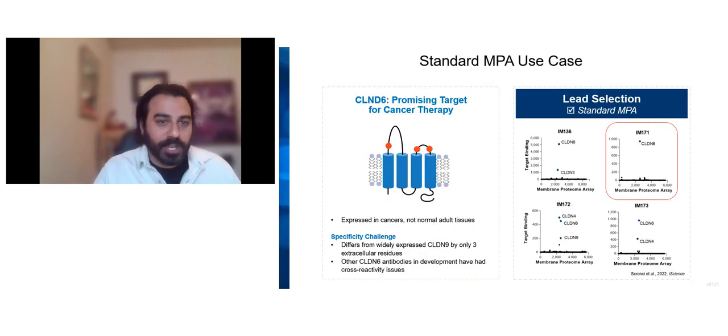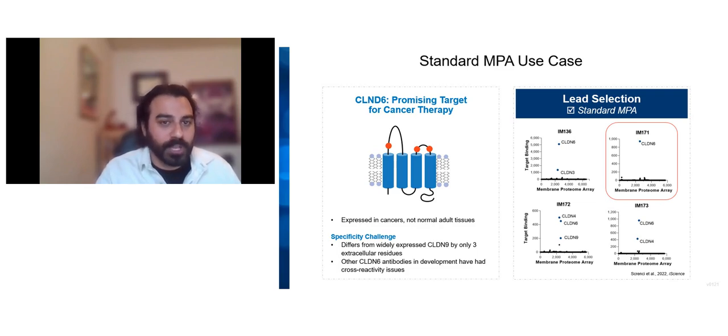So now let's jump to look at some case studies that really highlight how our data has been used most effectively, I would say. Here we see a great example of how the MPA has been able to aid lead selection. These assets were designed to bind Claudin-6, but it was very important to identify the potential for polyspecificity, especially since Claudin family members are so similar.